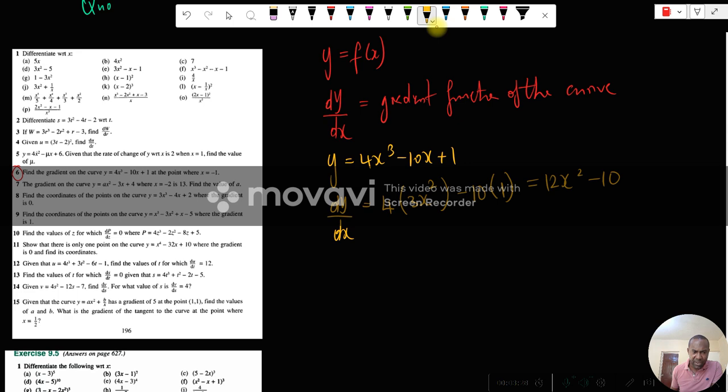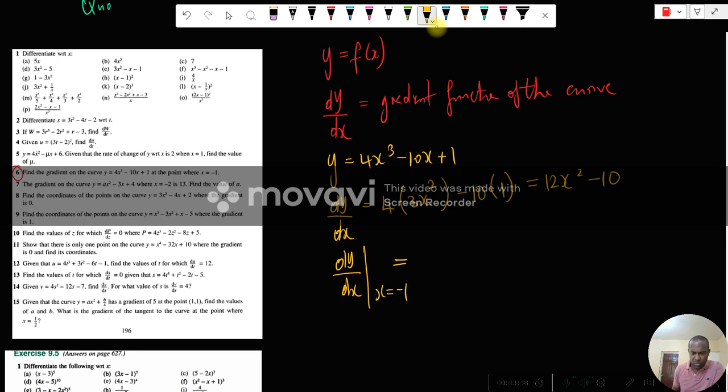And therefore, if we want to find the gradient at the point where x is equal to minus 1, we could say that, for instance, dy by dx, draw a little line and say x is equal to minus 1. This is basically showing you that we're going to be evaluating the gradient function dy by dx at the point where x is equal to minus 1.